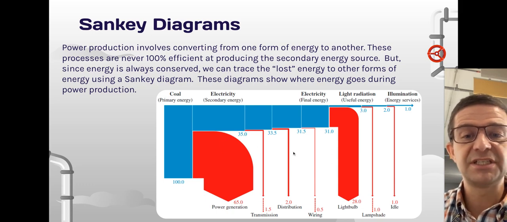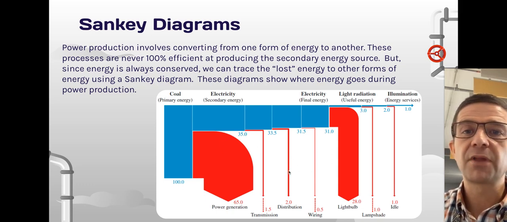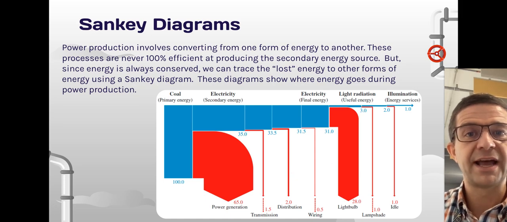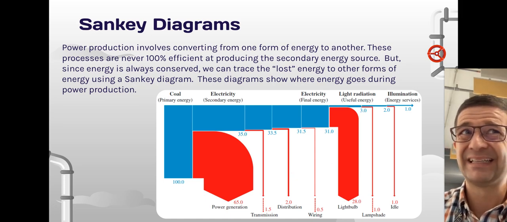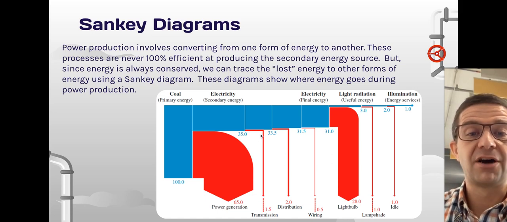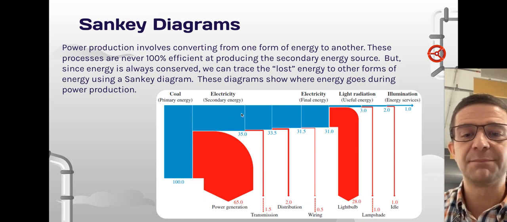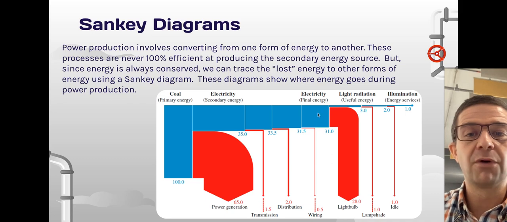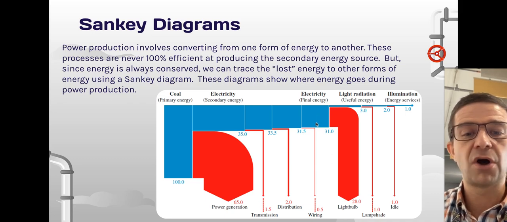The transmission, distribution, wiring, all of those lead to some losses, as we'll study in topic 11, that lead to this 35% being depleted down to about 31% before it reaches a customer's home.